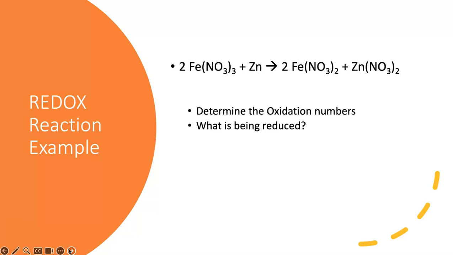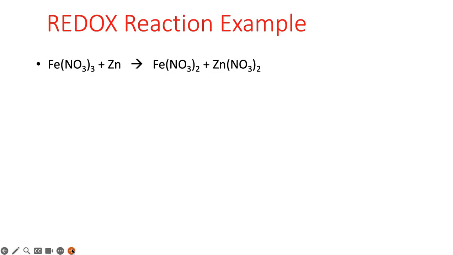Remember, reduction is gain. So when these chemical species are gaining electrons, they're becoming more negative. And then what was oxidized? Oxidation is loss. So when they're losing electrons, they're becoming more positive. And then, of course, there can also be spectators in this type of reaction as well.